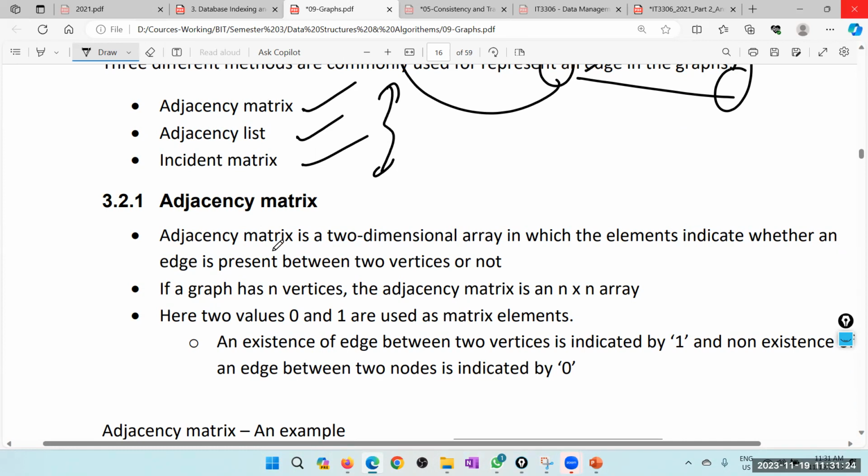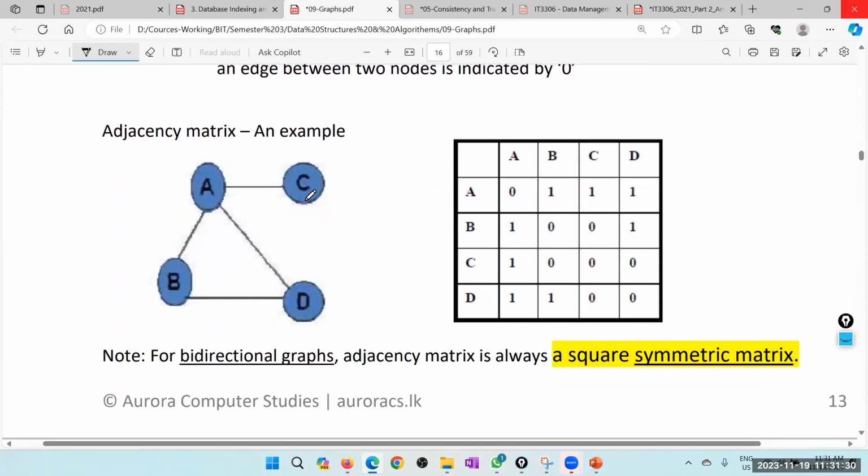These are super easy concepts. Adjacency matrix. An adjacency matrix is where you put it into a matrix. You have learned matrices in your O-level maths. A matrix is a 2-dimensional arrangement of data. Say these are my nodes A, B, C, D. This is an undirected graph.